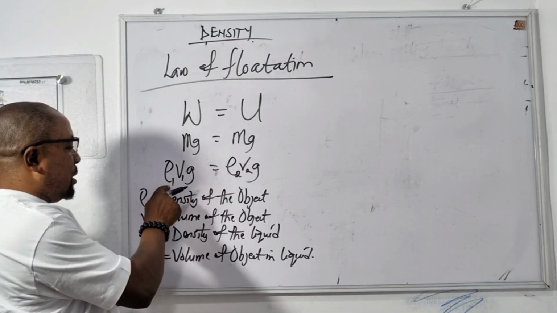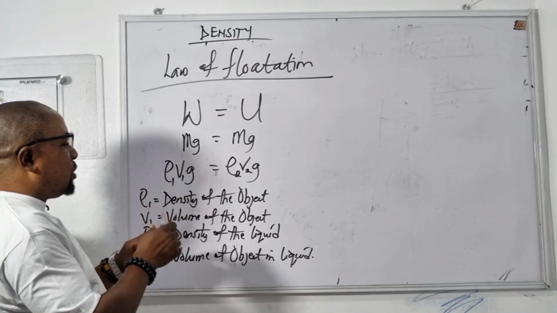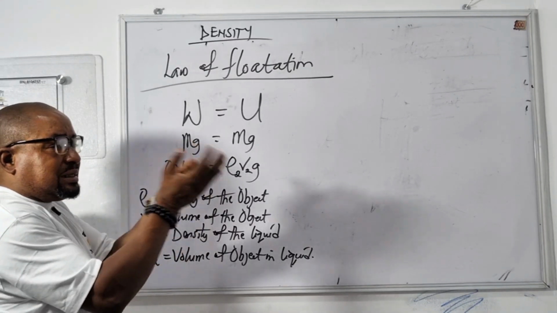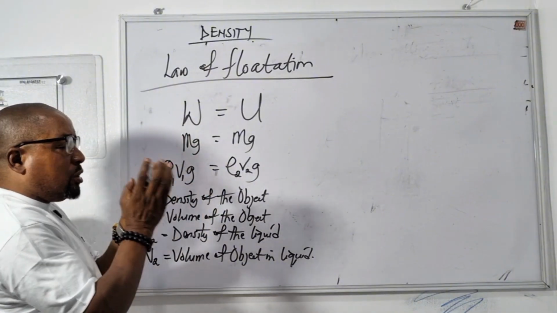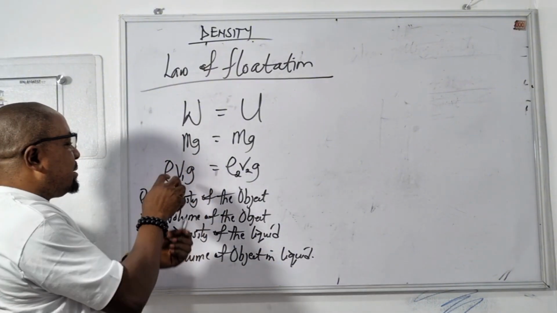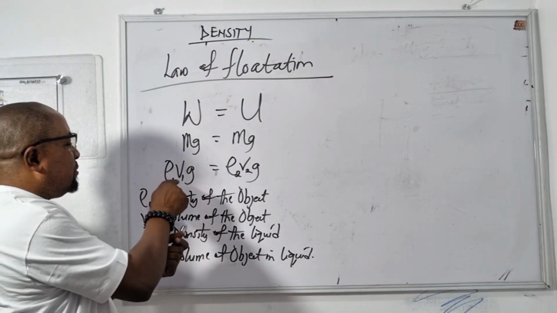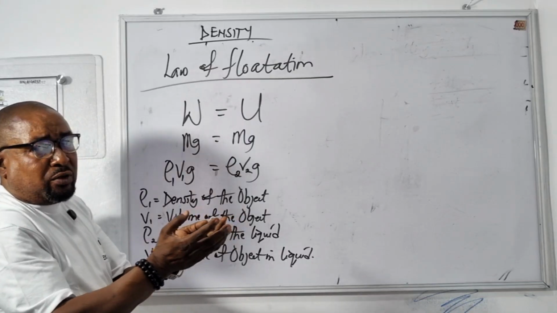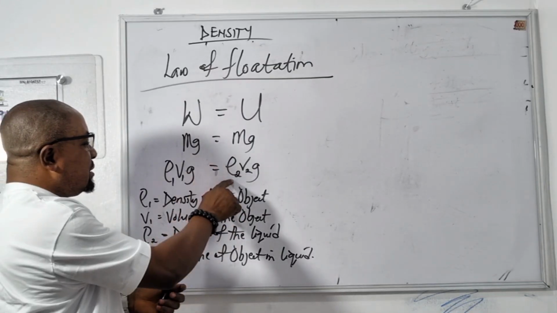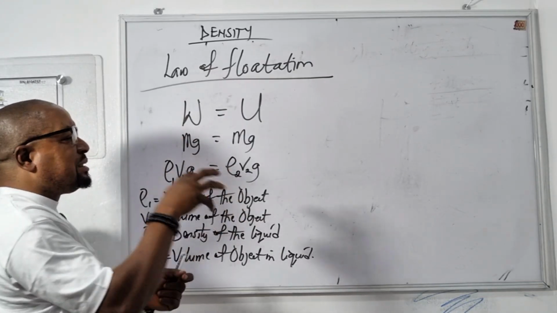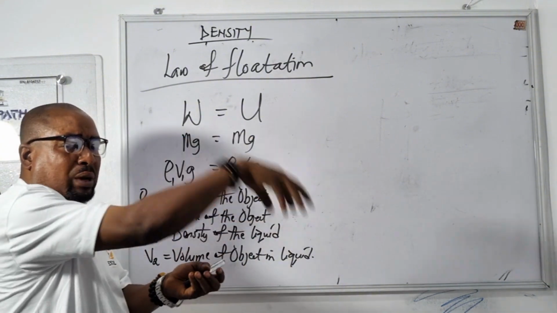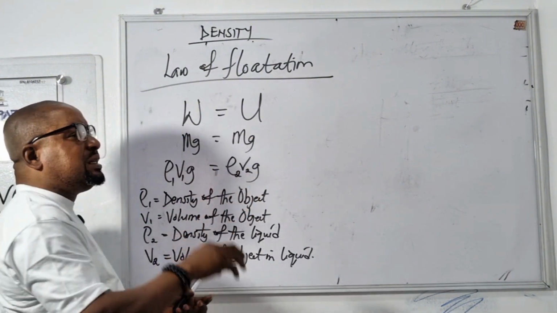Remember, density 1 is the density of the object, and the object is in air, which is for the weight. The volume is the complete volume of the object. Density 2 is the density of the liquid the object is going to enter. Now, V2 is the amount submerged.